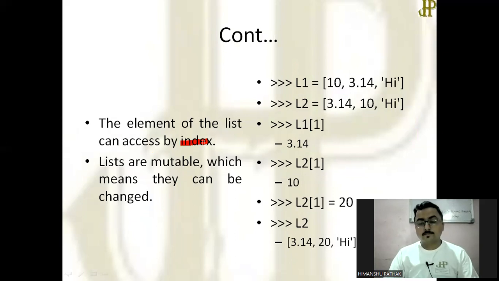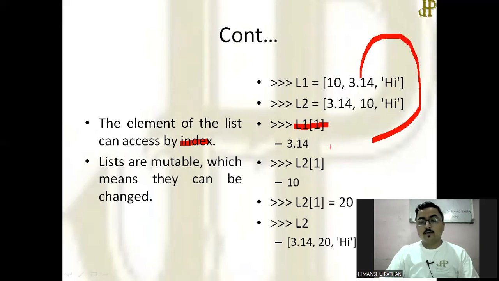So here you can see that whenever I ask for L1 at the 1st position, it will give 3.14, because indexing starts with 0. But in L2, 10 will be printed.